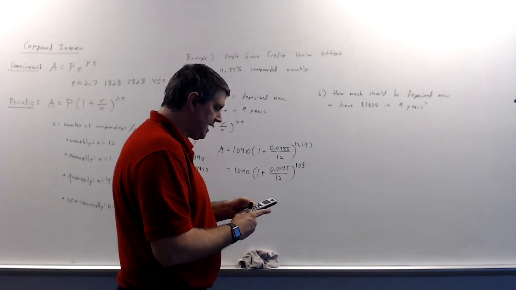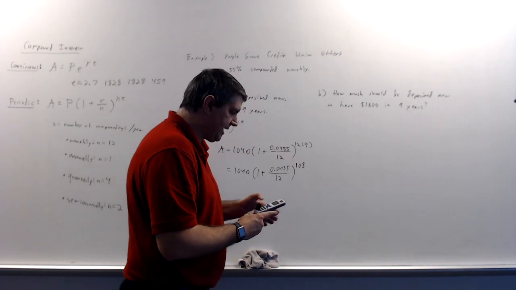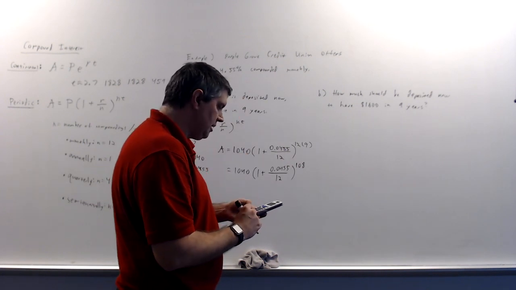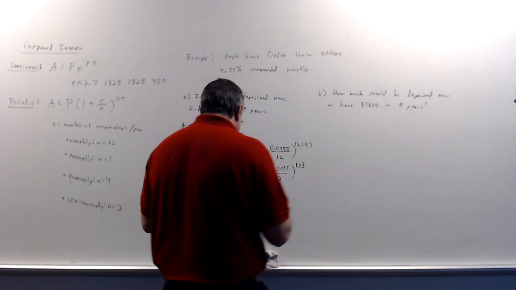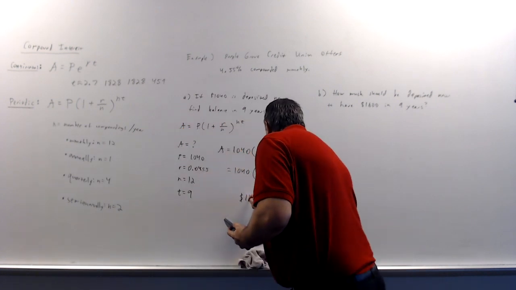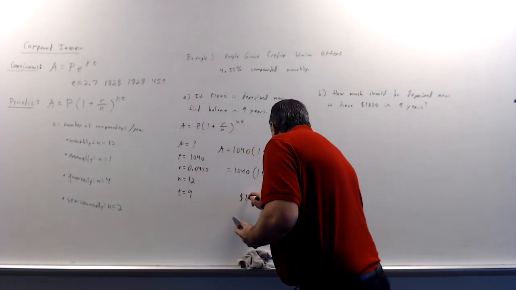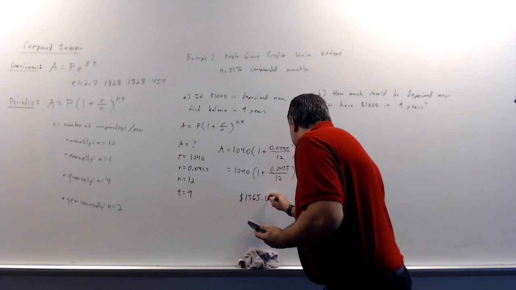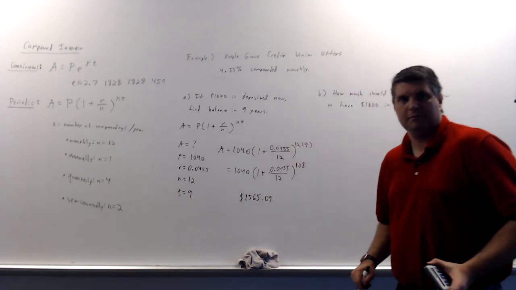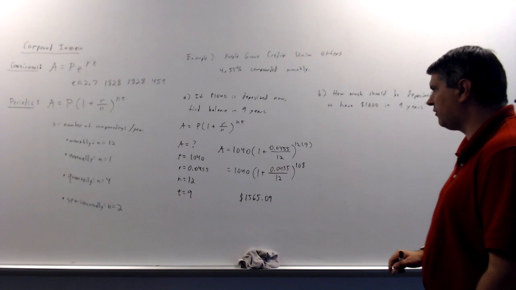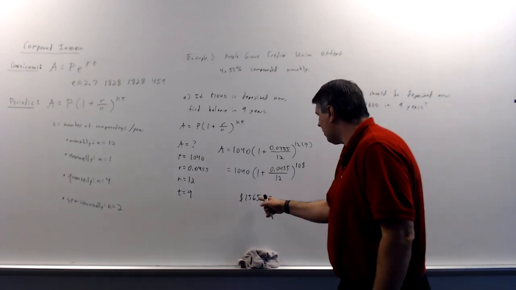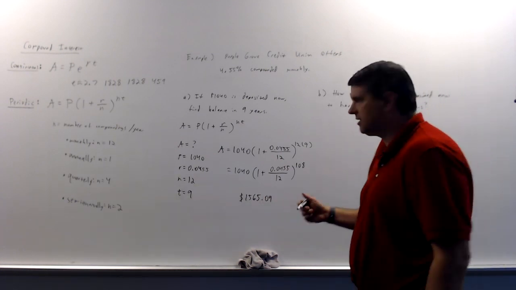Balance the parenthesis, and then the generic exponent button, 108. To the nearest cent, I got $1,565.09. Unless given reason to assume otherwise, you will round to 2 decimal places, to the nearest cent.